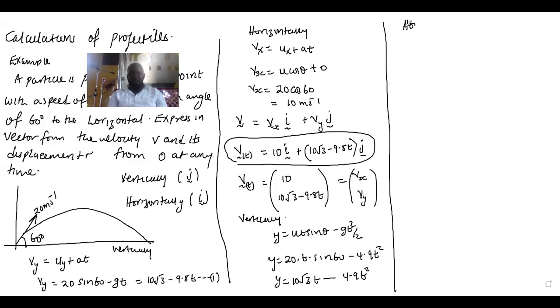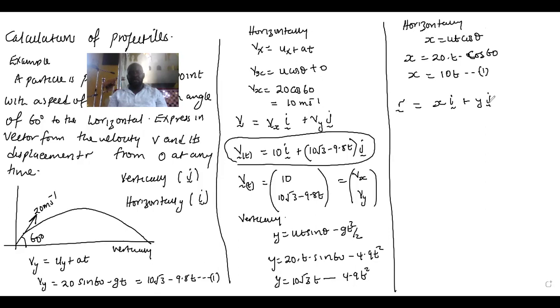So horizontally, the horizontal displacement x is equal to ut cosine of theta, which is going to be x equal to 20 times t times cos of 60. And this is going to be x equal to 10t. But r, the vector of displacement, is now going to be defined by xi plus yj. In column form, it is x, y.